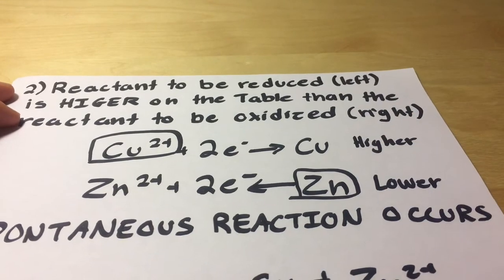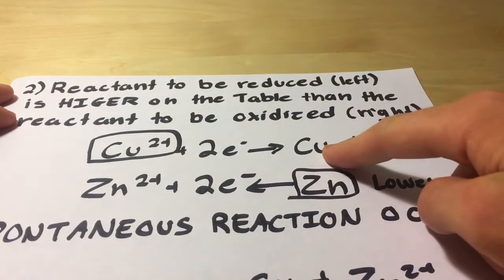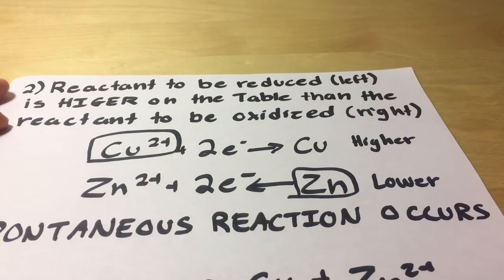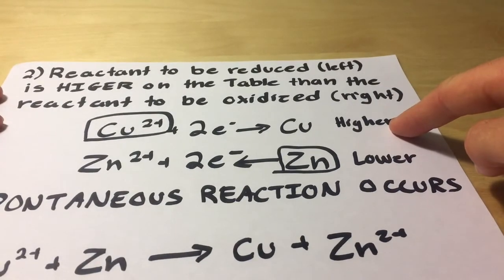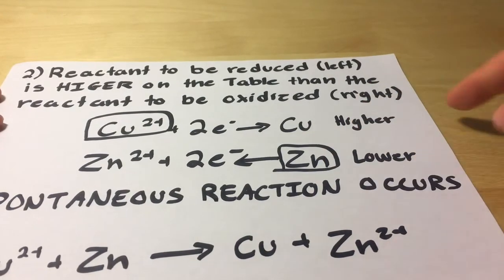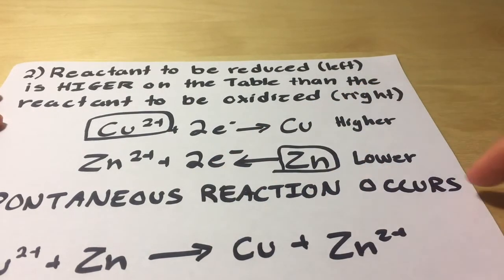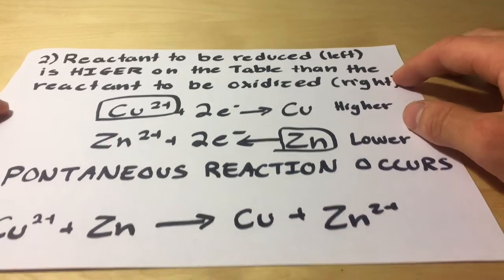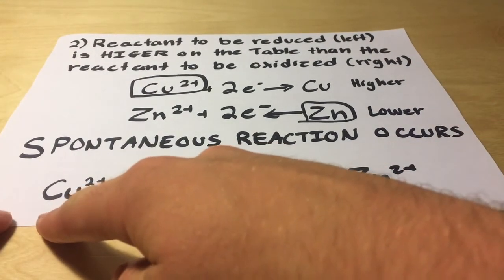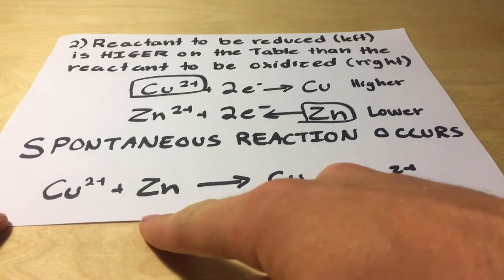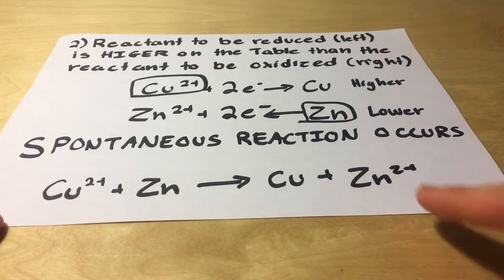So this time, for the sake of the question, copper is being reduced and zinc is being oxidized. And since copper is higher on the table than zinc, and copper is being reduced, a spontaneous reaction will occur. And the reaction that forms is this: Cu2+ + Zn goes to Cu + Zn2+.